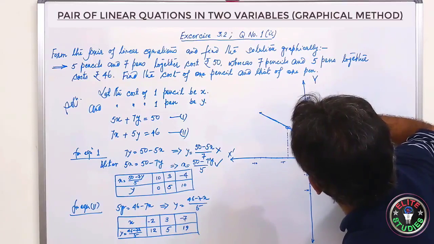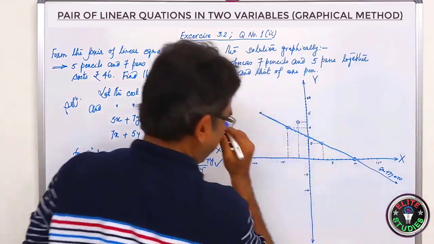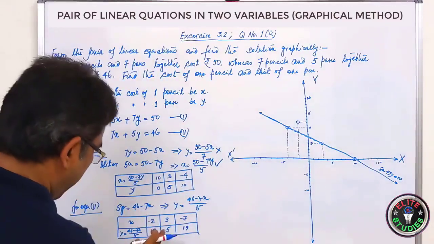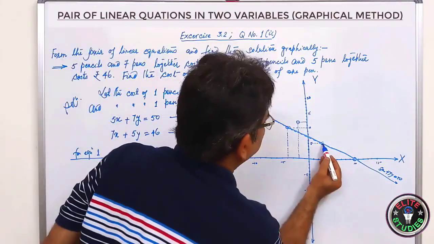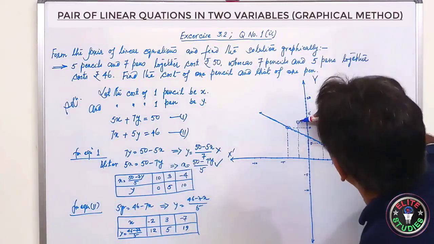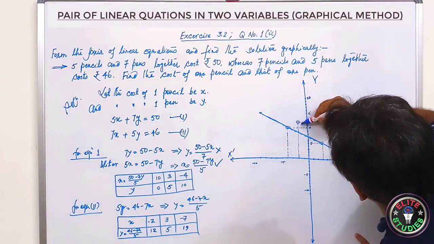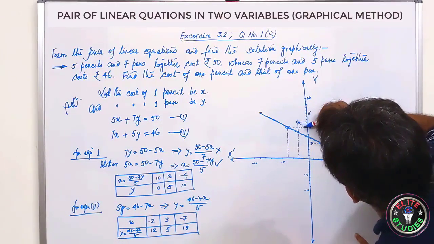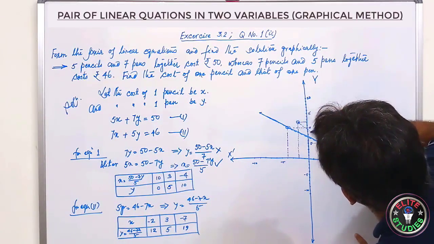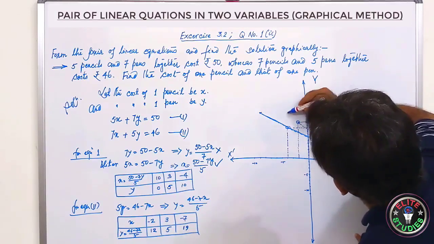This is the point. Now, one more point, 3, 5. This is the 3, 5 point. Now we have got this point, so this line is going like this. The graph of this equation is going like this.